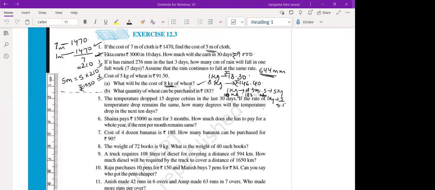So it's saying in the last 30 days, the temperature dropped 15 degrees. So you have to find the temperature drop in the next 10 days. What will you do? What will be your first statement, Trilokya?